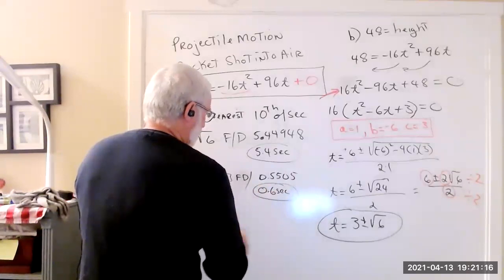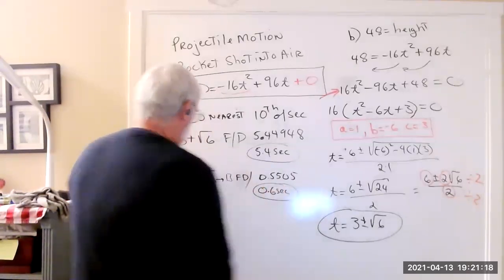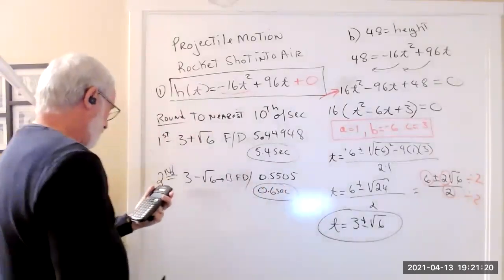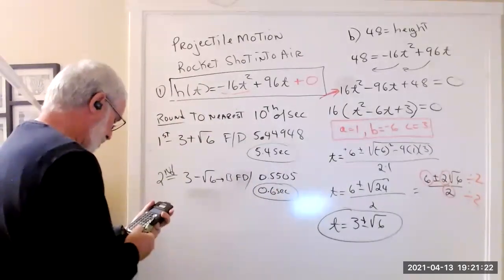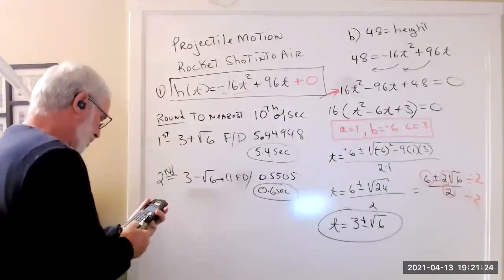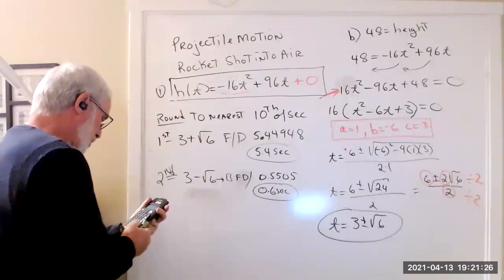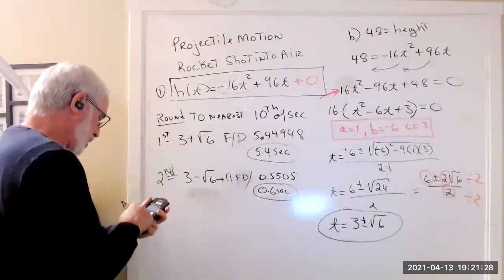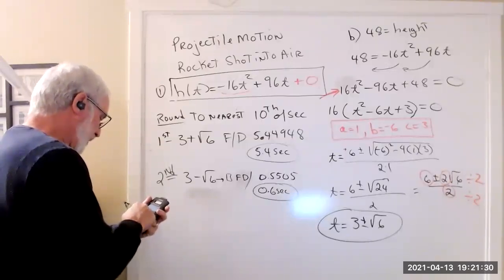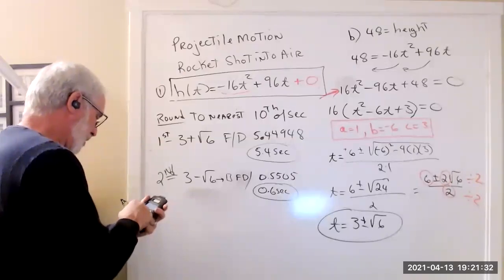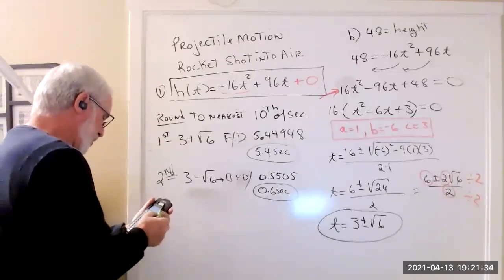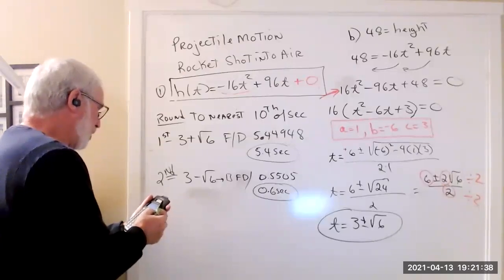For some reason, whenever I hit the FD key, it just gives me the same negative square root of 6 plus 3. That's what's happening to me also. Then hit it again. The calculator doesn't do that. I have to hit the arrow keys over the enter button.